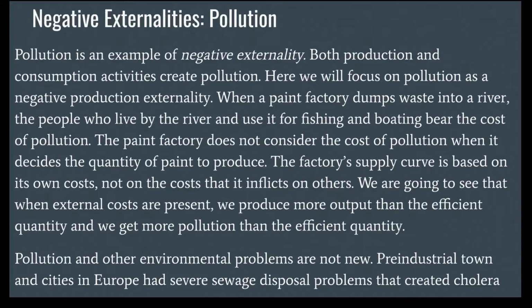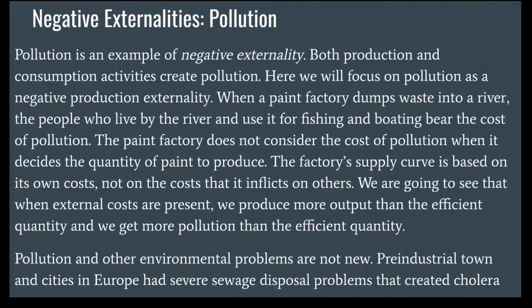Negative externalities: pollution. Pollution is an example of a negative externality. Both production and consumption activities create pollution. Here we will focus on pollution as a negative production externality. When a paint factory dumps waste into a river, the people who live by the river and use it for fishing and boating bear the cost of pollution.